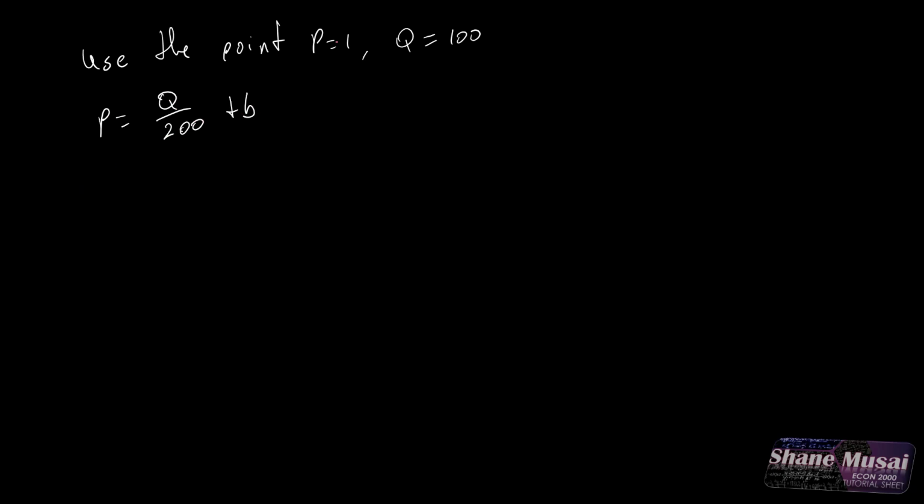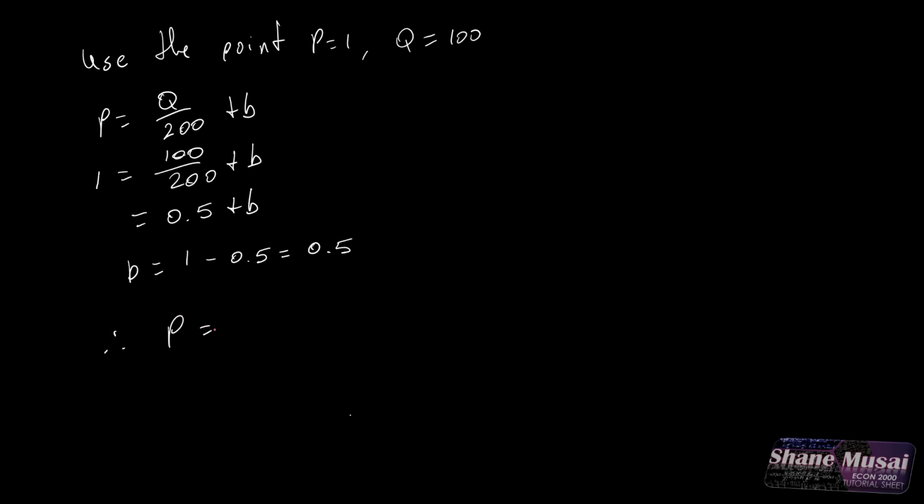So when price is equal to 1 and quantity is equal to 100, we have 1 equals 100 over 200 plus b. So this is equal to 0.5 plus b. Therefore b is equal to 1 minus 0.5, which is equal to 0.5. Therefore, our supply curve is price equals Q over 200 plus 0.5.